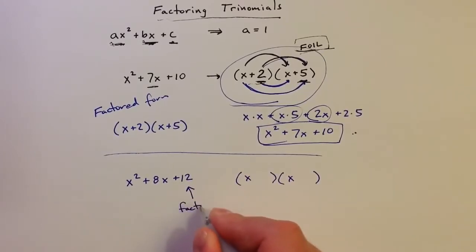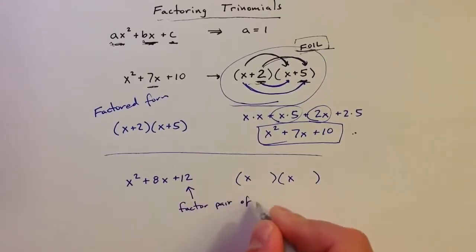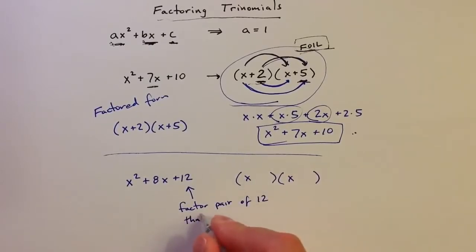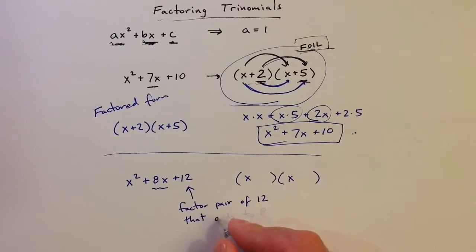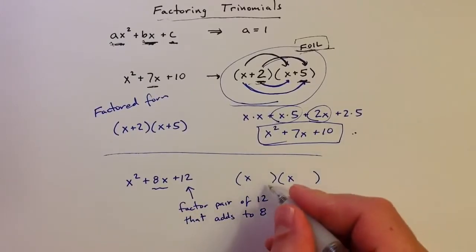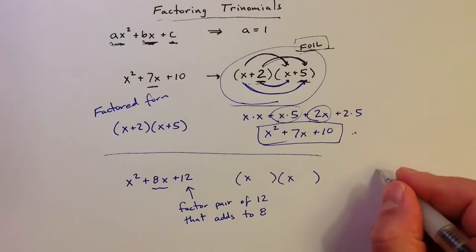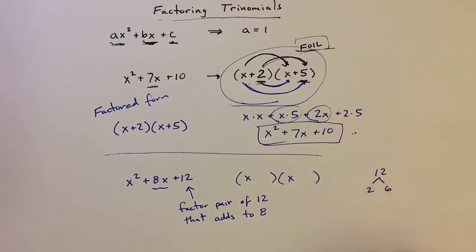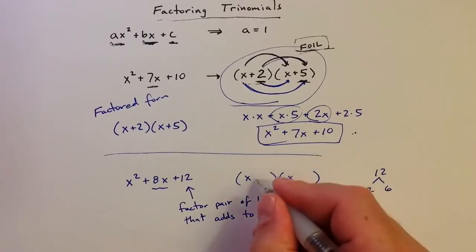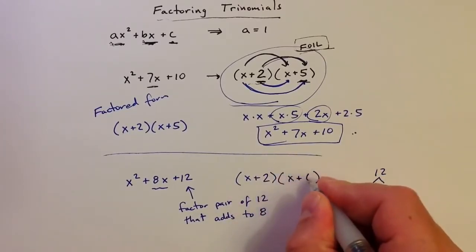So basically a factor pair of 12 that adds to equal 8. So if we look at the constant number and find a factor pair of that constant number that adds to equal 8, then that will give us the two numbers that we're looking for. Well, so looking at the number 12, 2 and 6 might come to mind, and so we end up with plus 2 and plus 6.